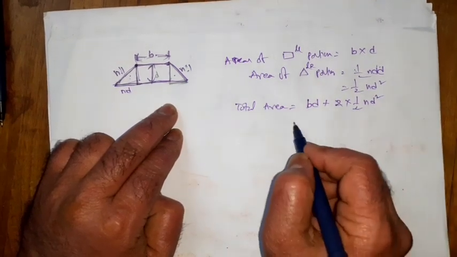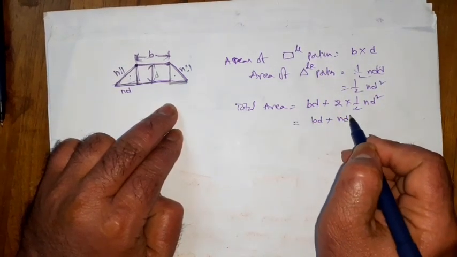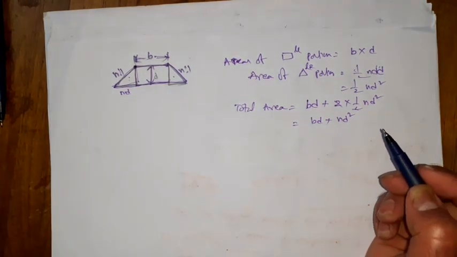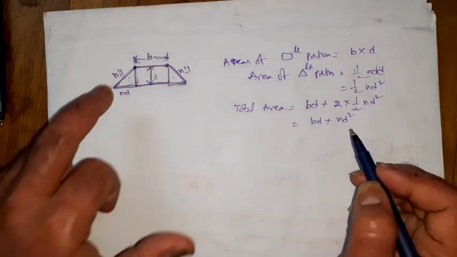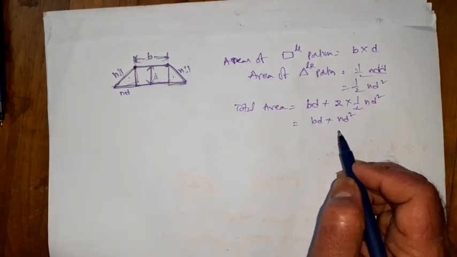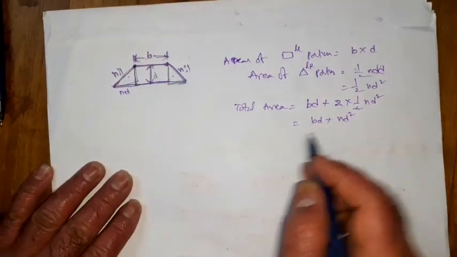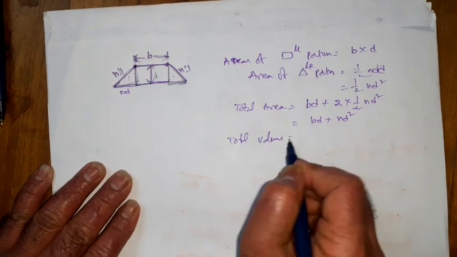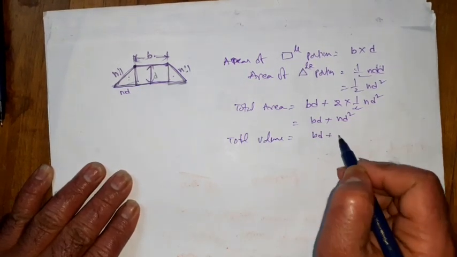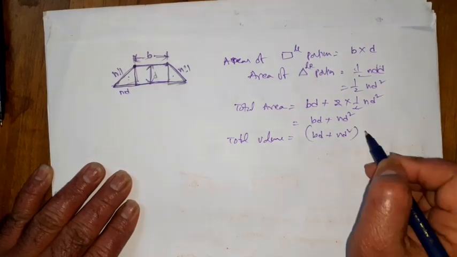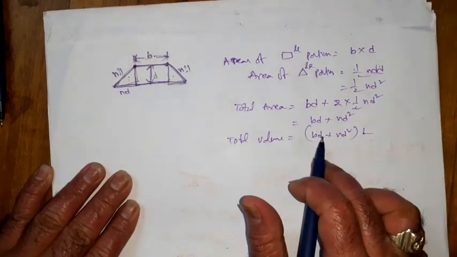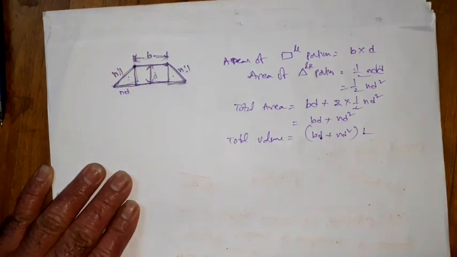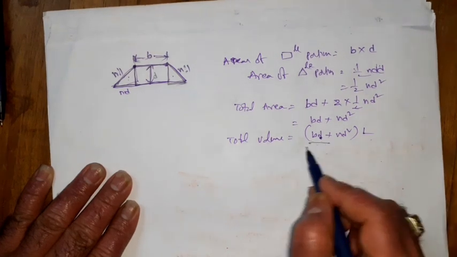The 2 and half cancel, so BD plus ND square is the total area of the trapezium. Then the total volume is equal to BD plus ND square into L. This is for case 1, where the depth D is the same.